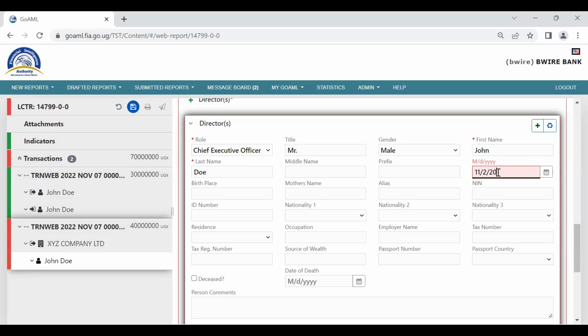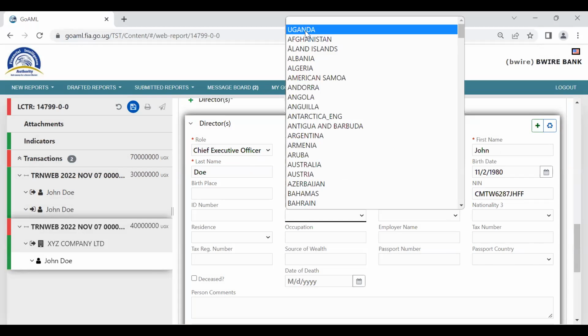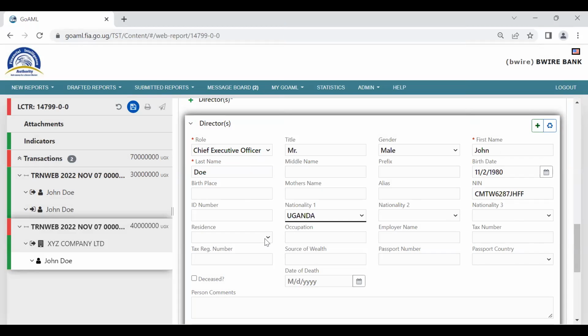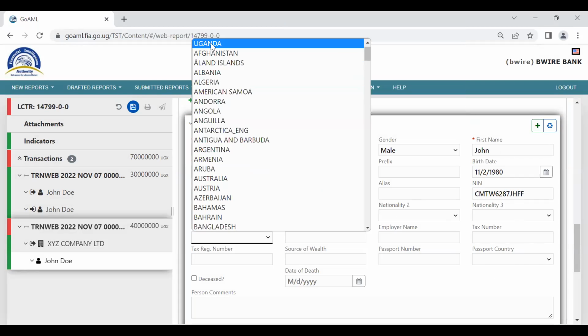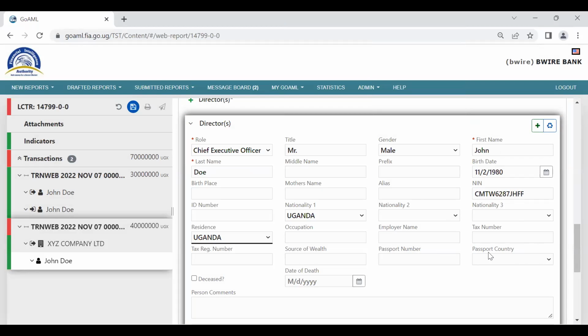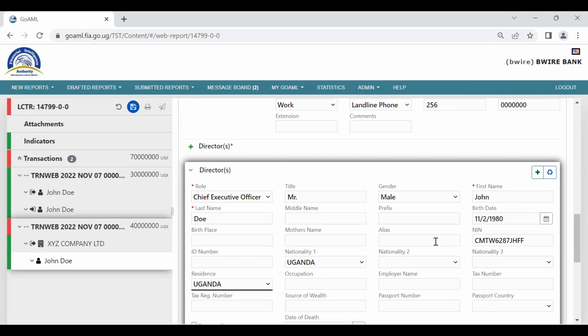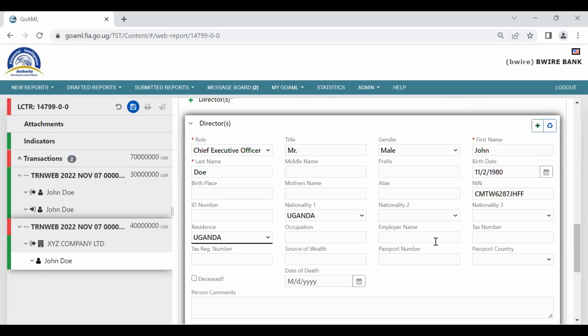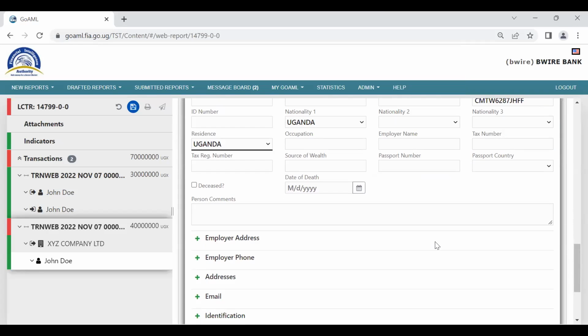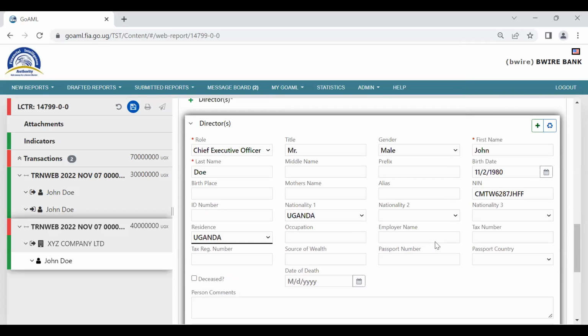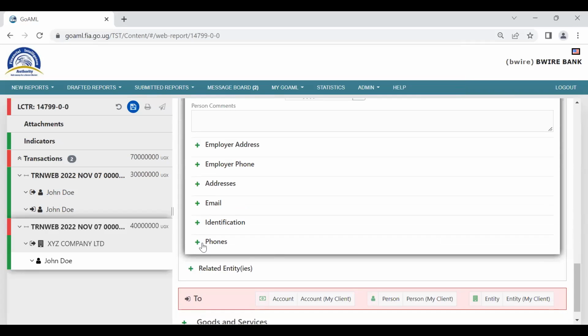Yes, we are. Okay, so I'm capturing some detail on the director of the company. Maybe I'll just capture the phone number.